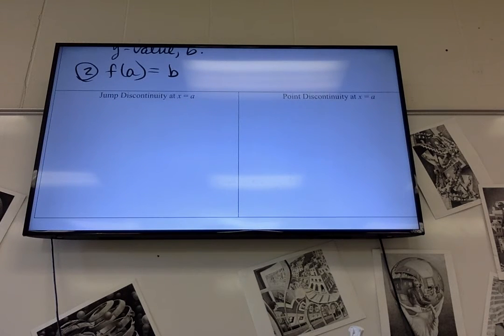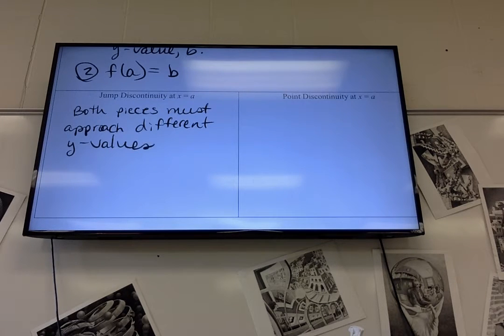Jump discontinuity, this is just kind of wrapping up, means that both pieces must approach different y values.